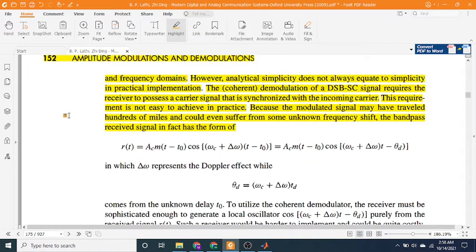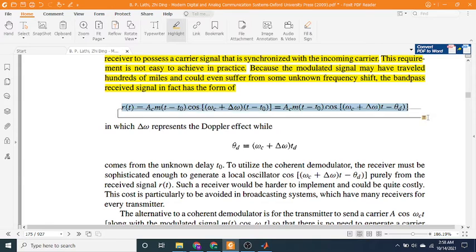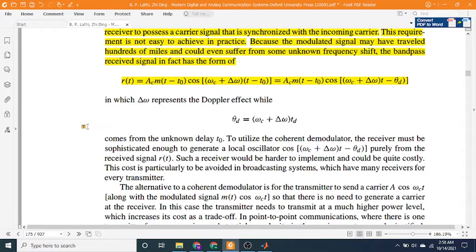The received bandpass signal in fact has the form of r(t) = A m(t) cos[(ωc + ω)t + θ0] in which ω represents the Doppler effect while θ0 comes from the unknown delay.